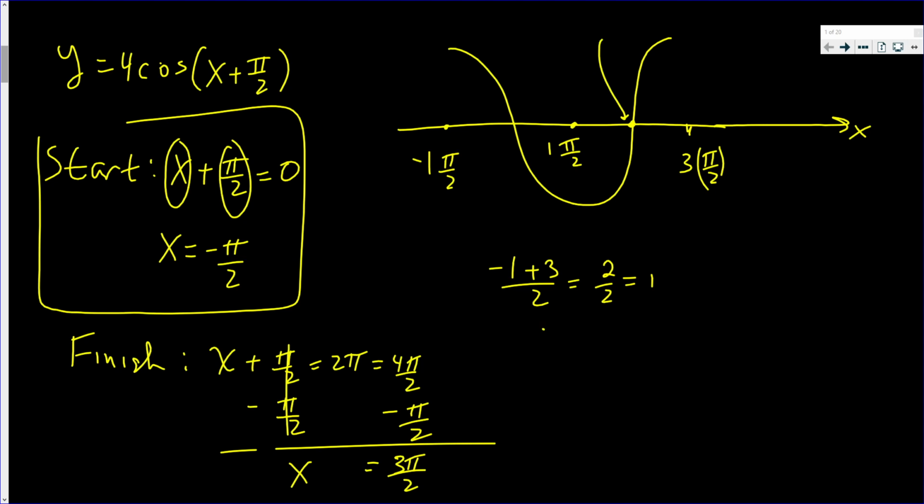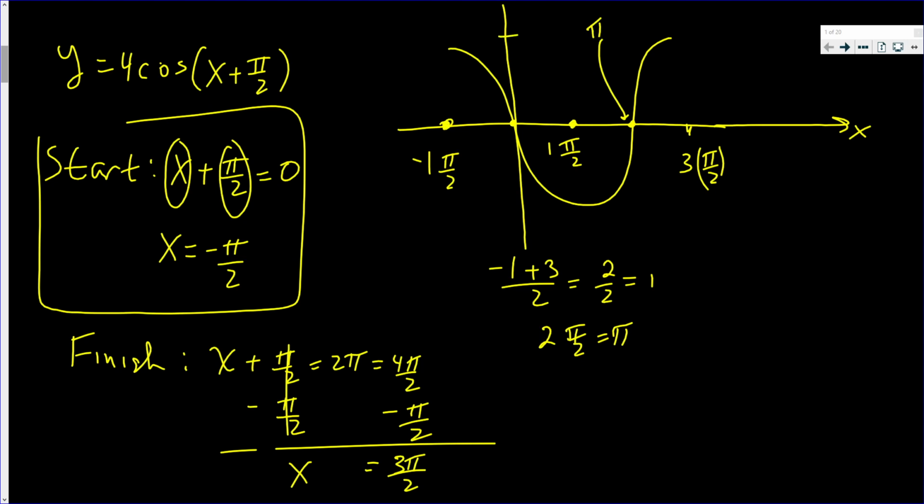So you get 2 pi over 2's, which is just pi. This is a good one. What's in between this number and this number? 0. I like that because now I know where my y-axis is.